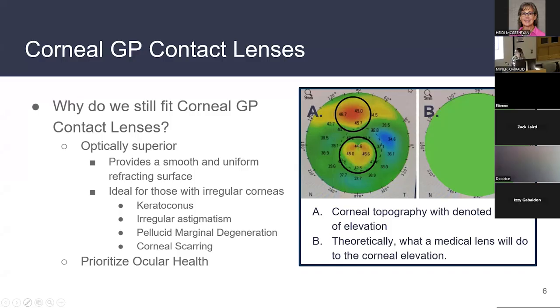Now, this is not very realistic as far as what would happen. This is an image I created, but that's the idea behind it: we essentially neutralize all those areas of elevation. This makes them ideal for patients who have irregular corneas, so those who suffer from keratoconus, irregular astigmatism, pellucid marginal degeneration, or just corneal scarring in general.